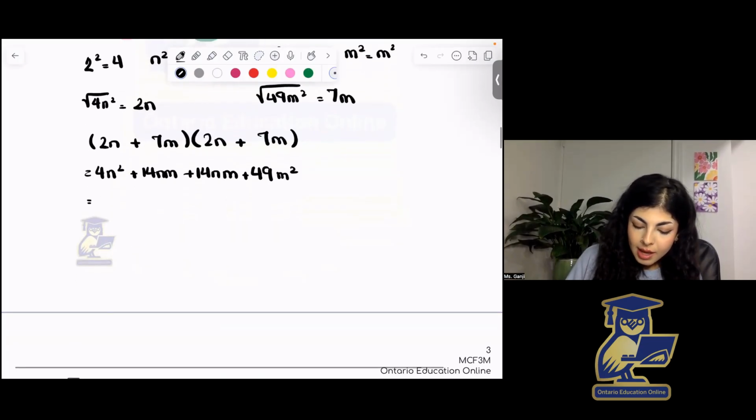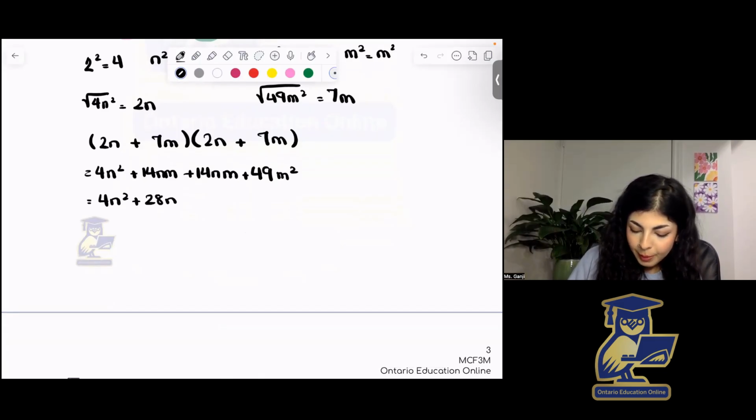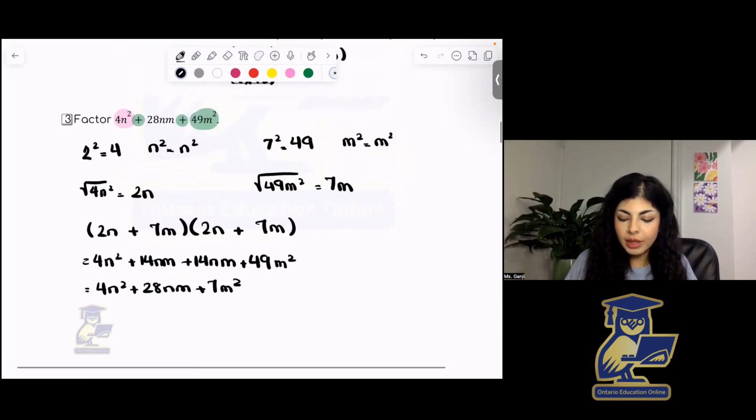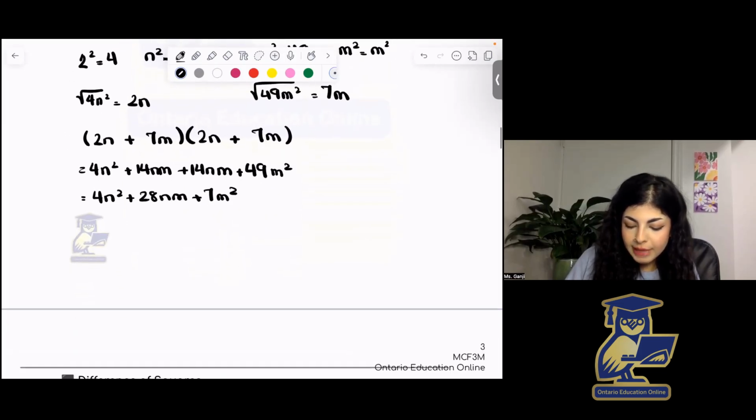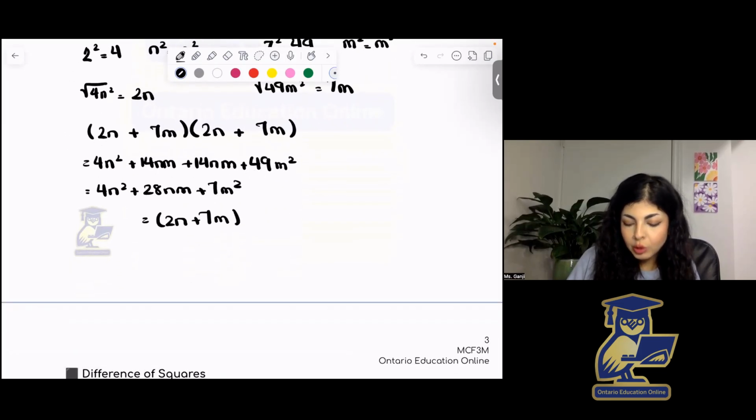And if we now collect this, it will be the original expression we started with. So the factored form was 2n plus 7m squared.